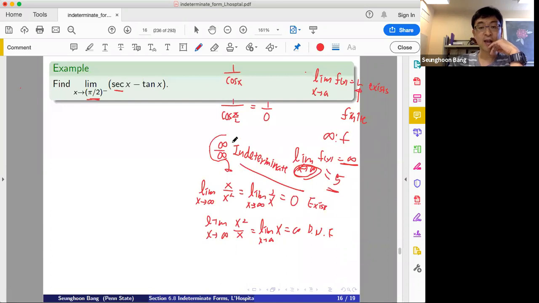We have the same form, infinity, but the limit does not exist. It depends on the problem, similar. You can use L'Hopital's rule. The answer is finite, or the answer is infinity, depending on the problem. So we don't know. Is it an indeterminate form? Sometimes finite, sometimes infinity, depending on the problem.